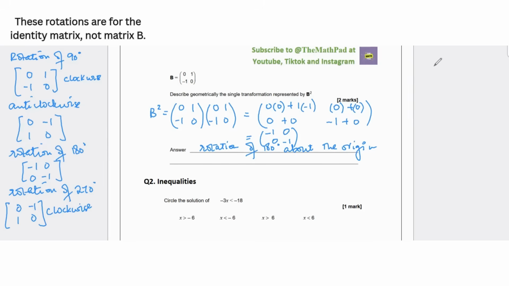And for anti-clockwise, for 270 degrees, that's going to be 0, negative 1, 1, 0. So if you notice, clockwise 90 degrees and anti-clockwise 270 are the same, and anti-clockwise 90 and clockwise 270 are the same. So you can remember through that. And for rotation of 180 degrees about the origin, it's negative 1, 0, 0, negative 1.